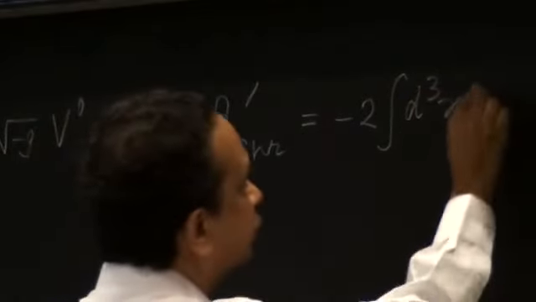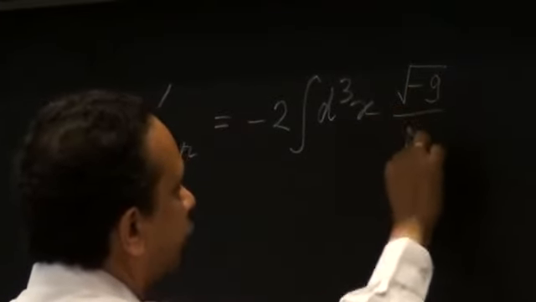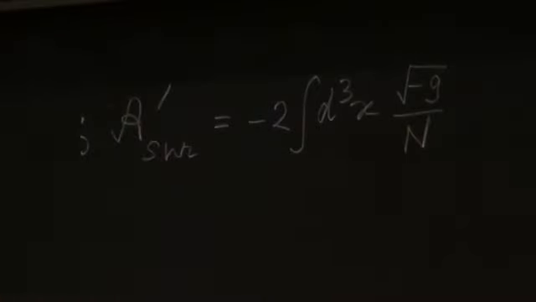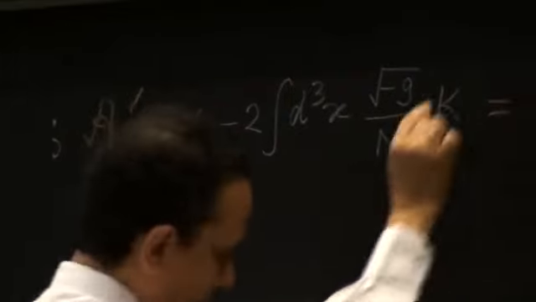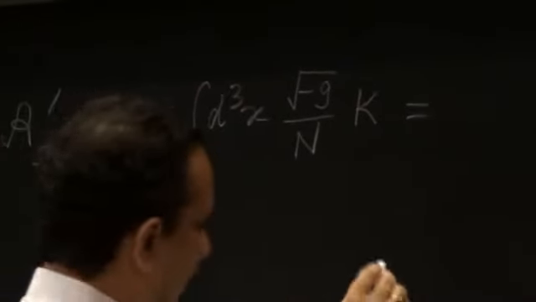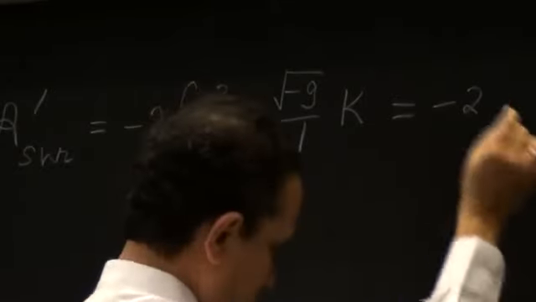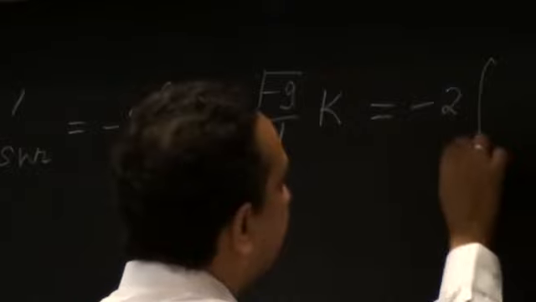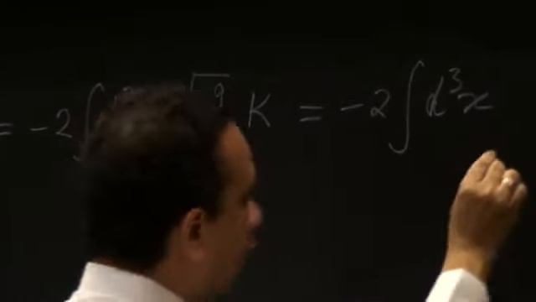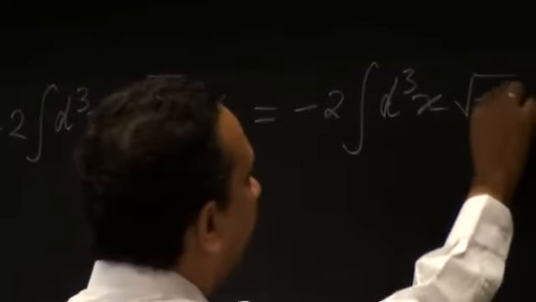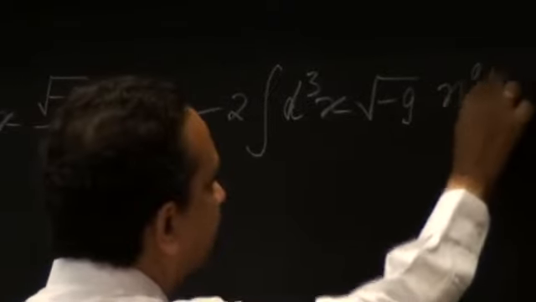Root h I will write as square root of minus g upon N, so as to make the comparisons easy, times k, and this I can write more easily as minus 2 integral d3x root minus g. This is just algebra. N0 k.